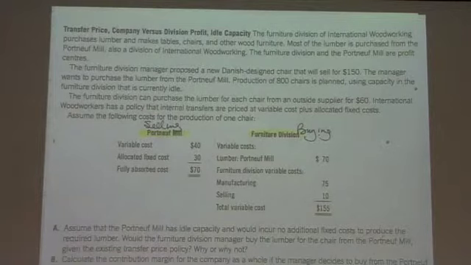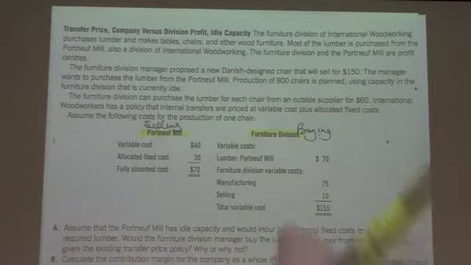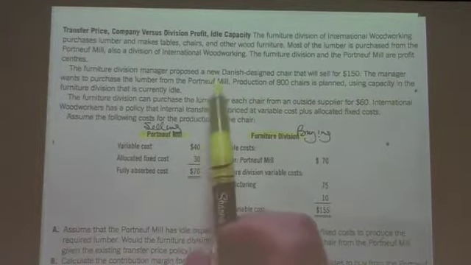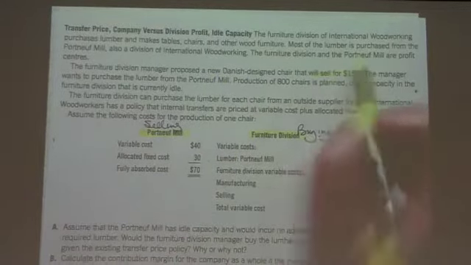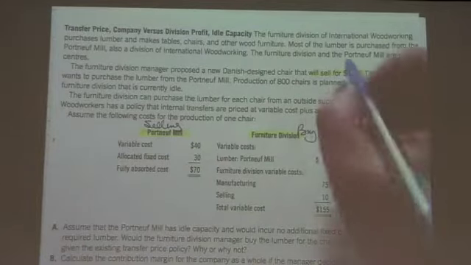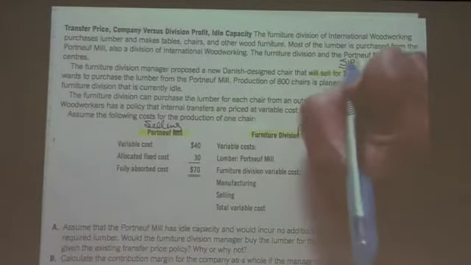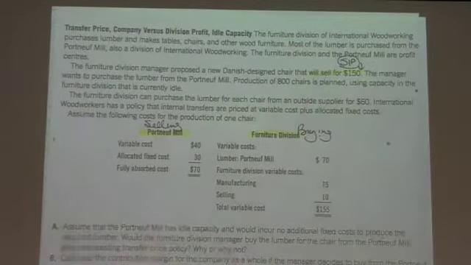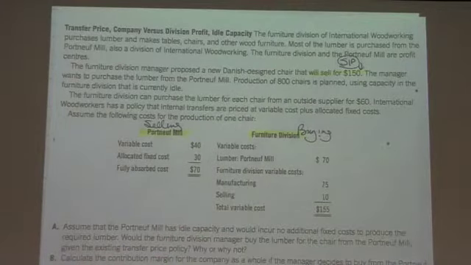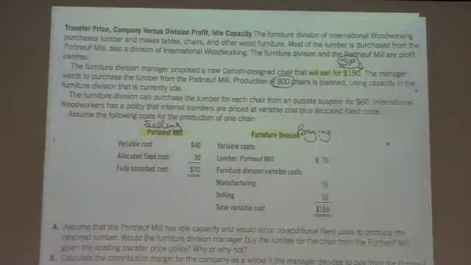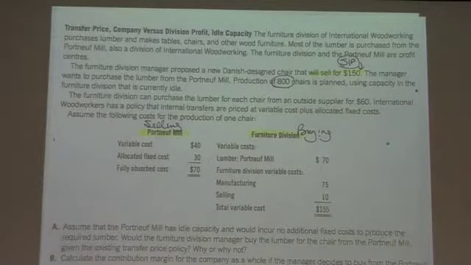Okay, now the furniture division proposed a new Danish design chair that will sell for $150. So that's the sales price. The manager wants to purchase the lumber from Portneuf Mill. Production of 800 chairs is planned using capacity in the furniture division that is currently idle.